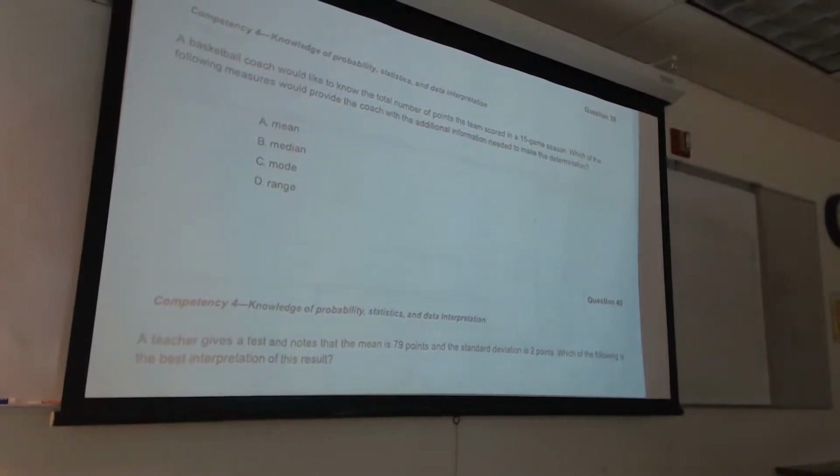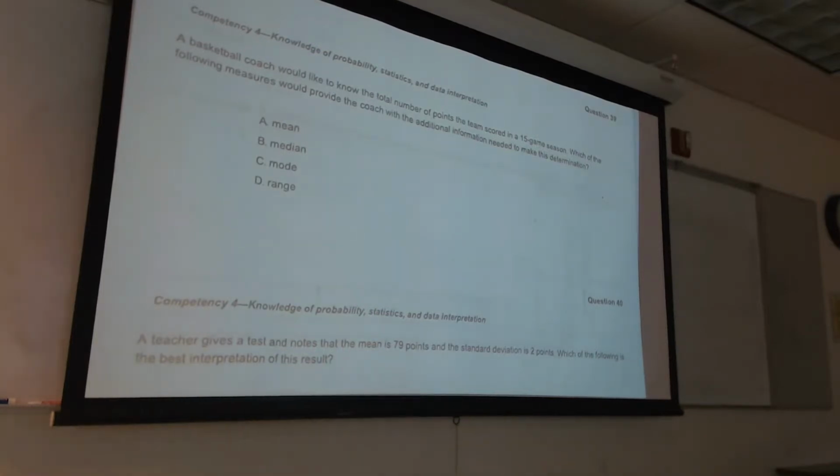How could the mean be helpful? Because it's the average. How do you find an average? Add them all up, divide by the number. So if I say the mean was 45, you could just do 45 times 15 and now you get the total. You basically do the opposite.